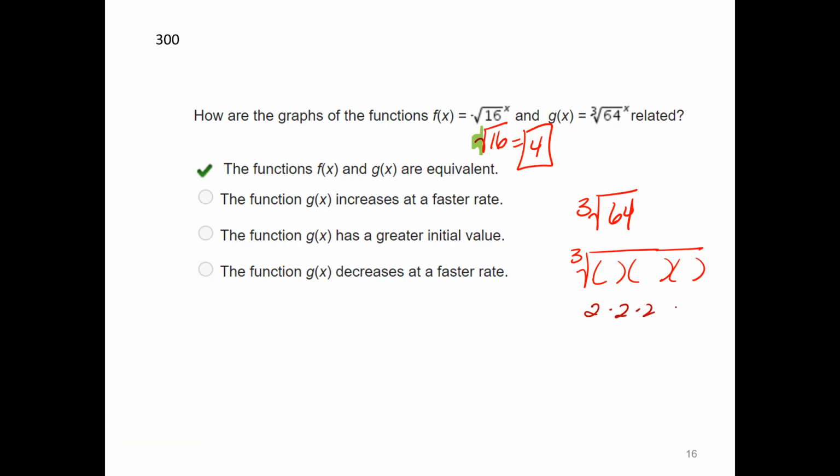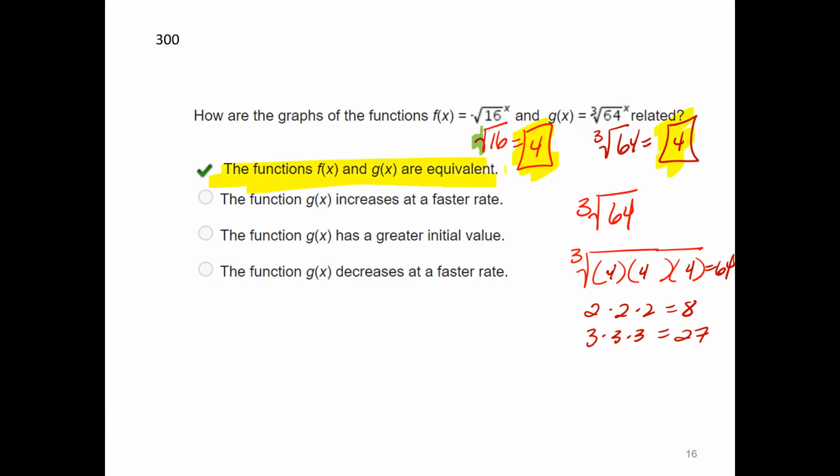If you do 2 times 2 times 2, that'll be 8. That's too small. 3 times 3 times 3, that's 27. Still too small. 4 times 4 is 16, times 4, it is 64. So what is the cube root of 64? It is 4. So what is the relationship between these two? They are exactly the same, is your answer.